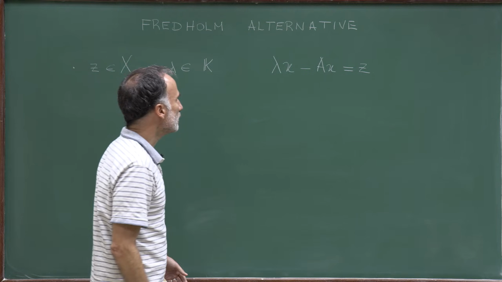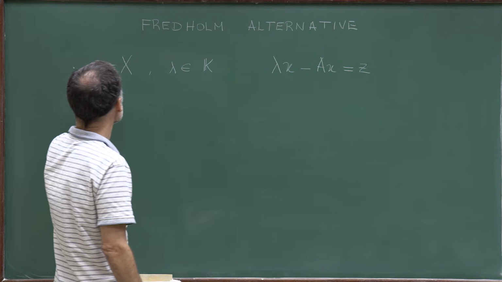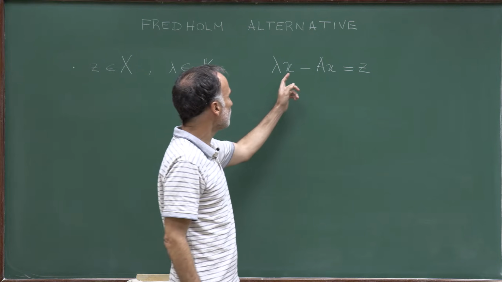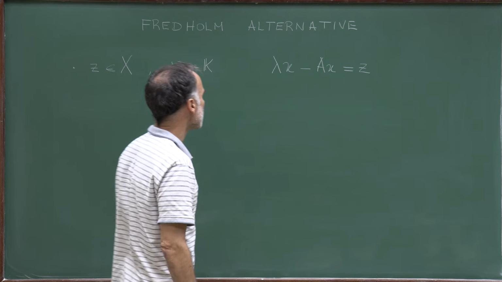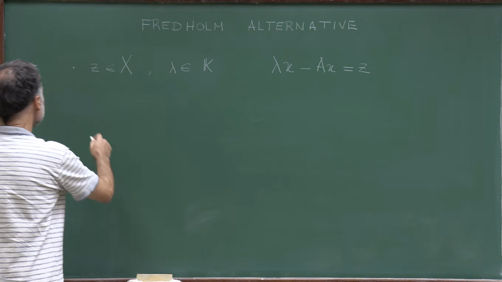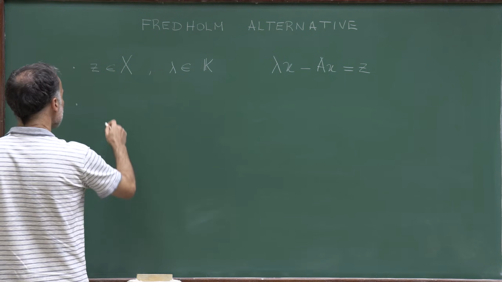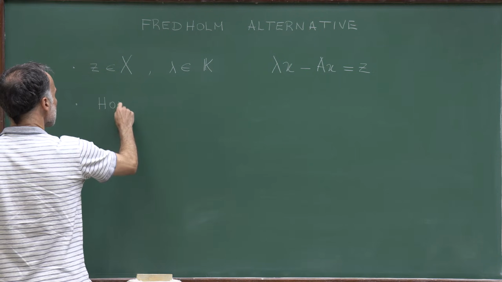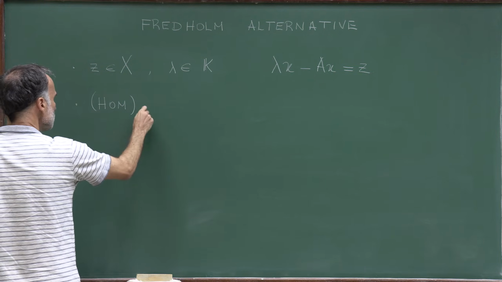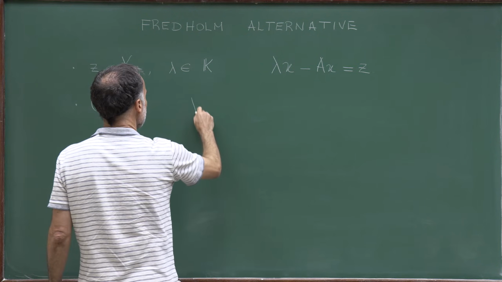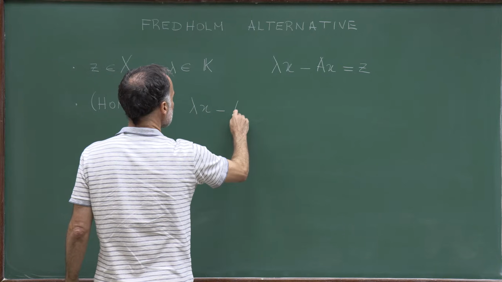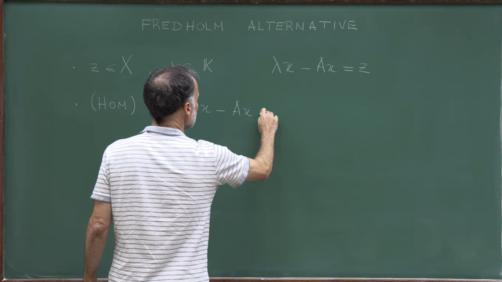I want to check whether for a fixed z I can find x which solves this equation. And the second equation, which I will call the homogeneous equation, is the equation lambda x minus Ax equal to 0.